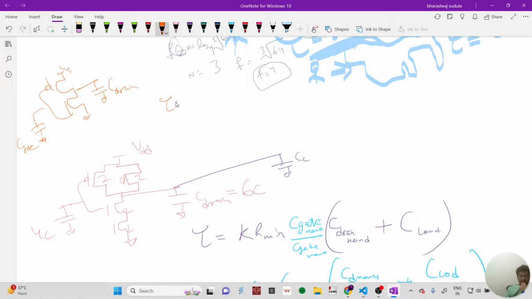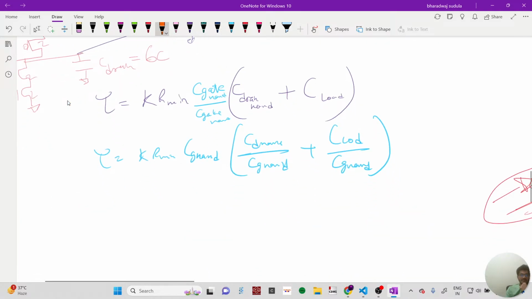If you want to calculate the delay, you have to have RC extracted, correct? So I have to extract the capacitance and resistance. I have to extract capacitance from here and here. Resistance is this one, some mathematical calculations and all.